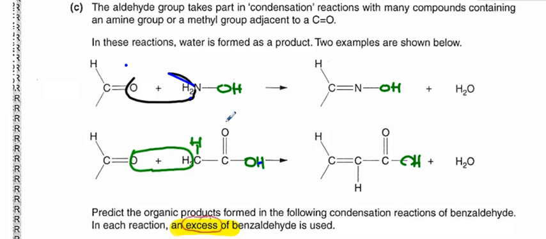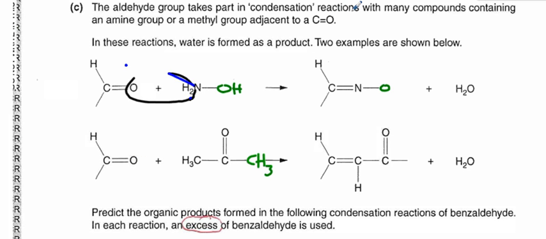Now, this is particularly important for this second reaction, because in this third box it gives us a molecule like this to react with benzaldehyde. In excess benzaldehyde, so there's going to be lots of benzaldehyde.